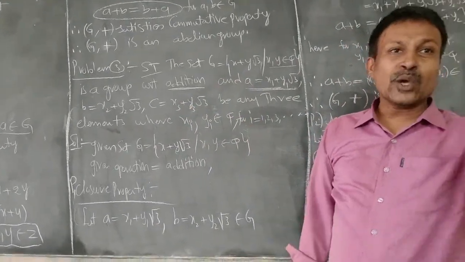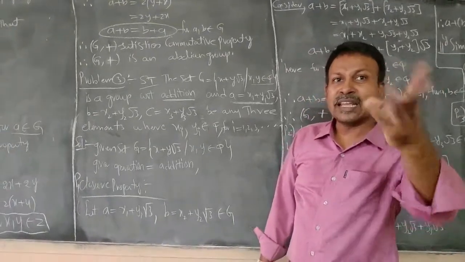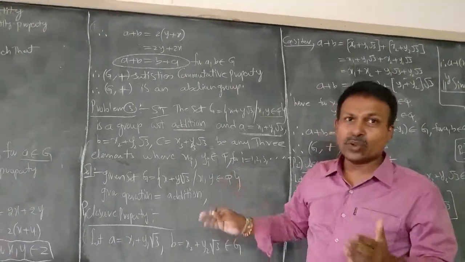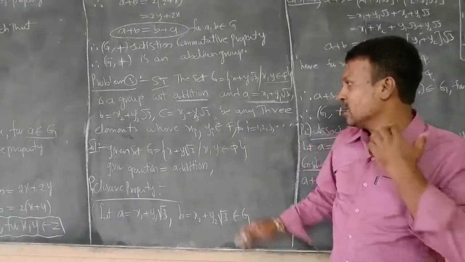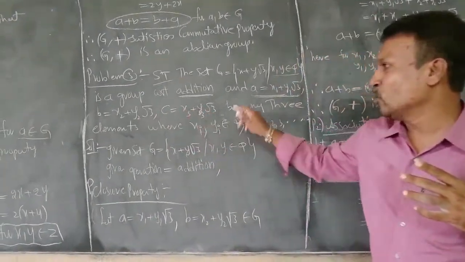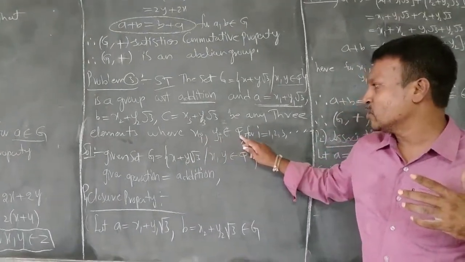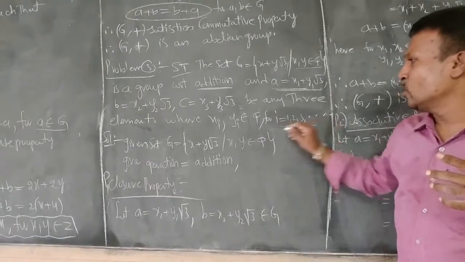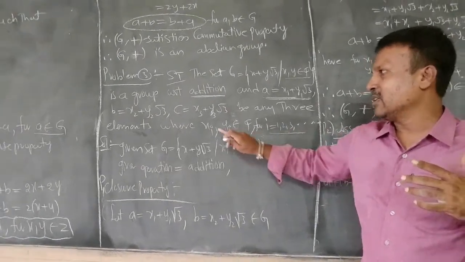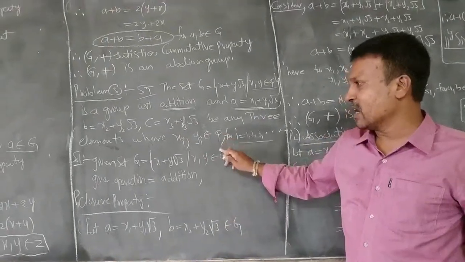So, to reduce our difficulty, they have given 3 elements so that we can prove this problem very easily. What are x1, x2, x3, y1, y2, y3? They have only given that xi, yi belongs to Q for i equal to 1, 2, 3. That is, x1, x2, x3, y1, y2, y3 belong to the set of rational numbers.